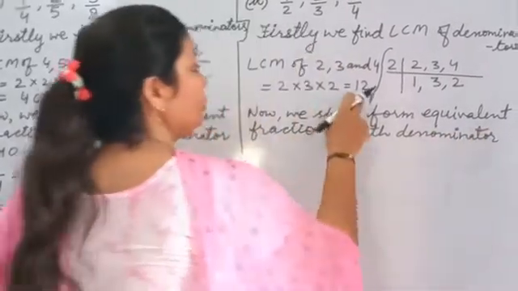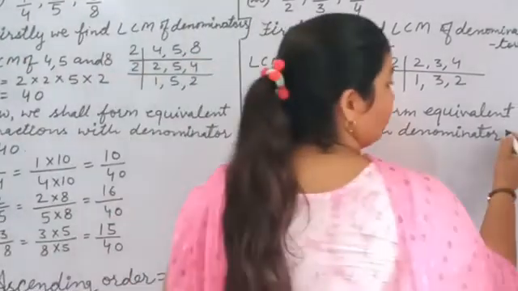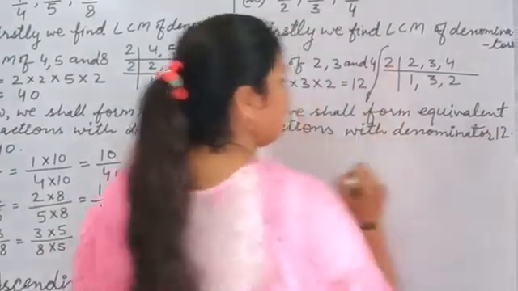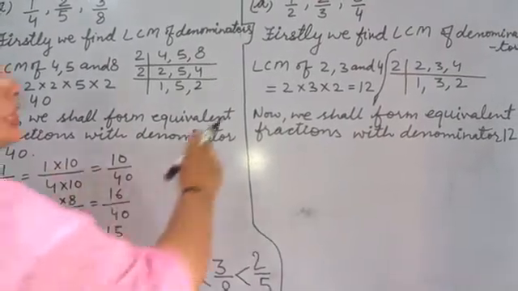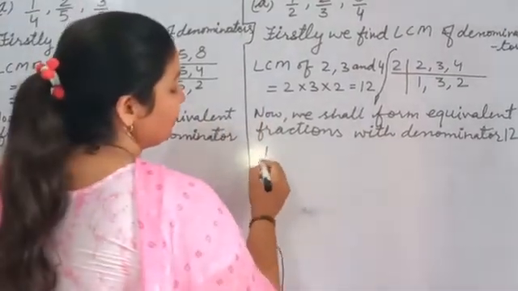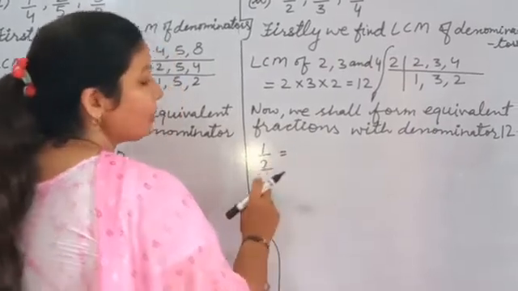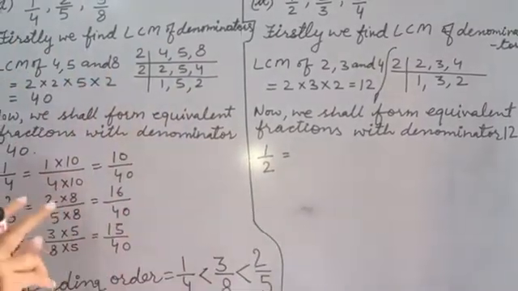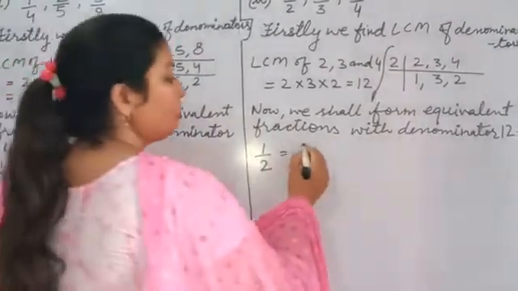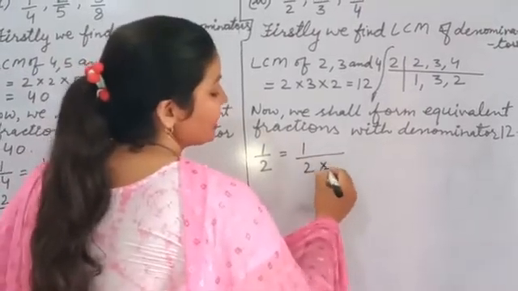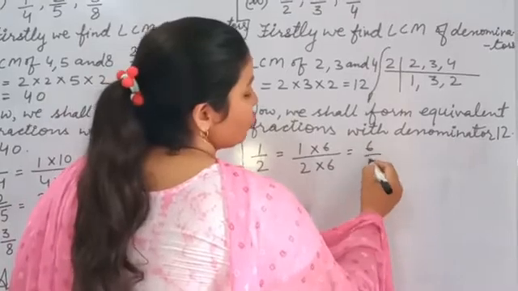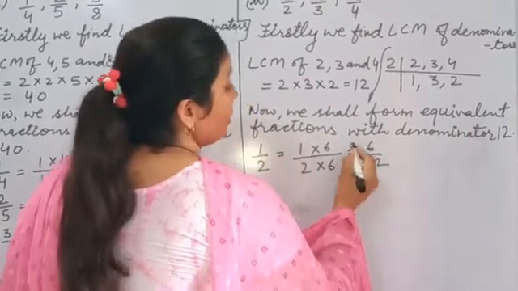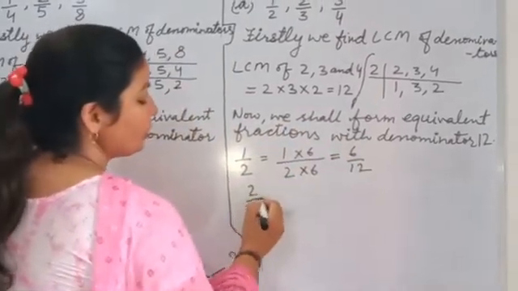Now here the denominator will be 12. Now first is 1/2. So we take here 1/2. Now 2 will become 12. How can it become 12? Multiply by 6. So 1/2 multiply by 6. 6 ones are 6. 6 2s are 12. Now next is 2/3.